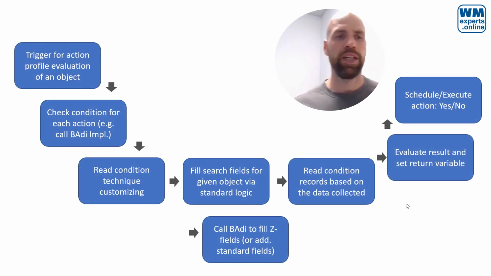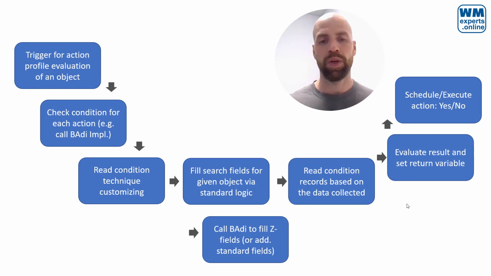I drew a rough overview of what we are doing, and we will come back to this at different places within the next 20 minutes. This all starts with a trigger for an action. So a specific object is evaluated because it is changed.